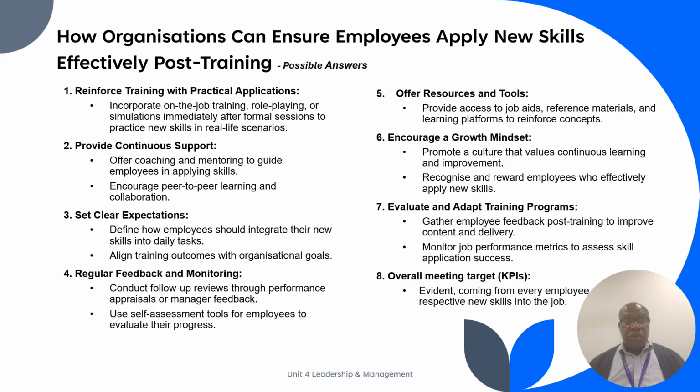This is how much KPI they could meet at a given point, and after they've been trained, is there any change, any upward change, for example? Do the math and evaluation.